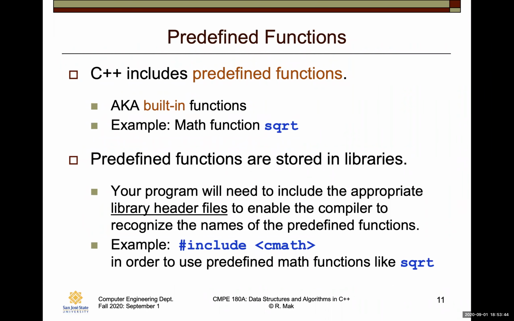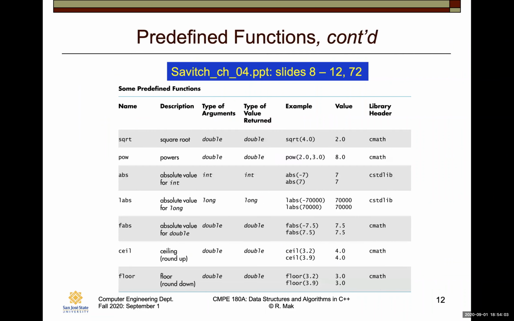All right, so predefined functions like square root and log, they come with C++. So if you install C++, you get these built-in functions, although you do have to say include CMath, okay? And that's where most of these built-in functions are defined, okay? And I have a little table here that I stole from the Savage textbook. And you can see there are a small number of functions shown here. There are probably dozens and dozens of these.